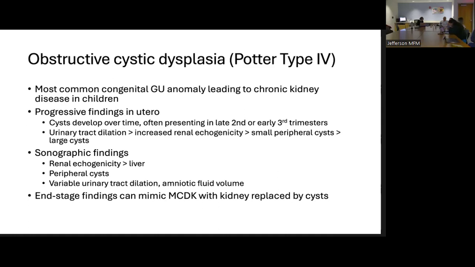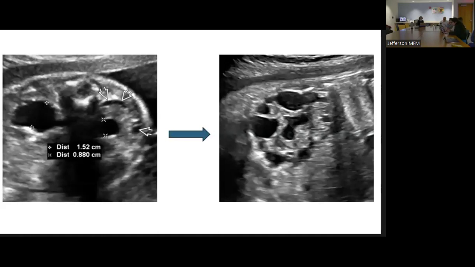So your sonographic findings, your renal echogenicity is going to be more than your liver echogenicity. Again, you're seeing these peripheral cysts that eventually start small and then become larger. And then you see variable urinary tract dilation and amniotic fluid volume, but urinary tract dilation is typically your first finding with this. And then just important to know the end stage findings. When the cysts are large in the third trimester and they've progressed to that point, it can mimic MCDK, where the kidney is essentially replaced with cysts.